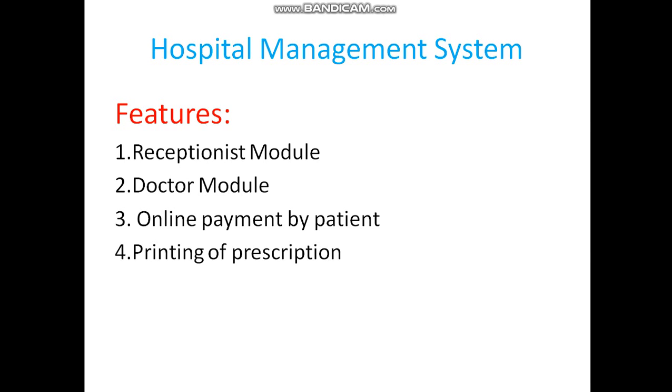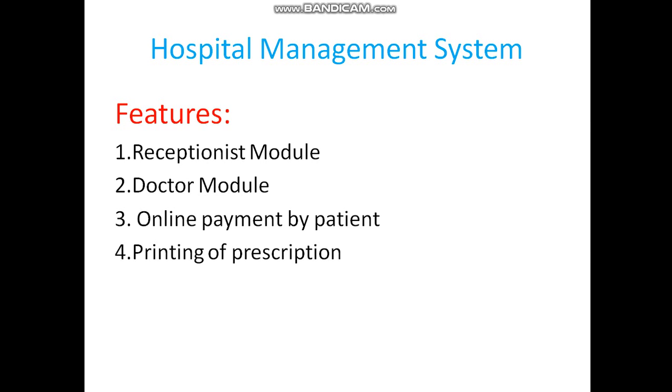So we assume one more addition: suppose the hospital has a large number of units, one hospital having a number of sections and divisions, admissions, laboratories and all these facilities, and the hospital has a number of branches all over the city.